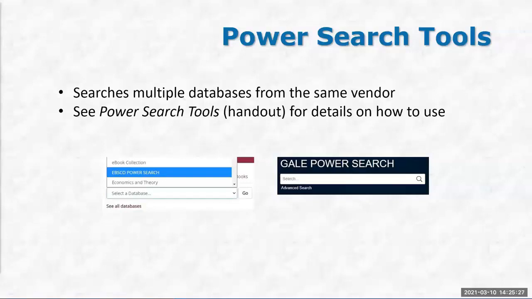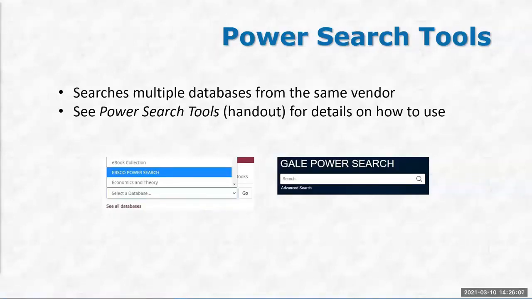We have one for EBSCO, and we have one for Gale. Under See All Databases, you would just use the drop-down box and select EBSCO Power Search or Gale Power Search, and that will take you immediately to the Power Search page. Power Search allows you to enter your search terms, your keywords, and your phrases, and set up an advanced search, and it will search multiple databases all at once. You can unselect or select various databases.